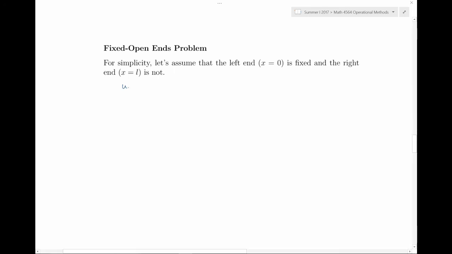So this means that for the solution, u of 0, t is 0, and also u sub x at L, t is 0, which translates for every building block, u sub n of 0, t should be 0, and u sub n x at L, t should be 0, which will translate into X of 0 has to be 0, and X prime of L has to be 0.